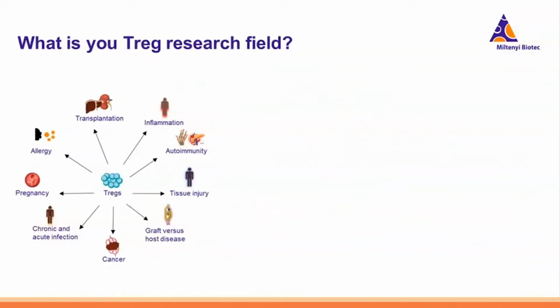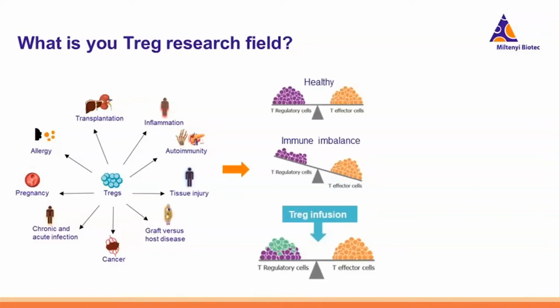Tregs have crucial roles in different types of diseases and provide novel therapeutic strategies for treatment of different immune disorders such as inflammatory disease, autoimmunity, transplant tolerance, and tumor immunity. In the healthy situation, there is an immune balance between regulatory T cells and T effector cells.